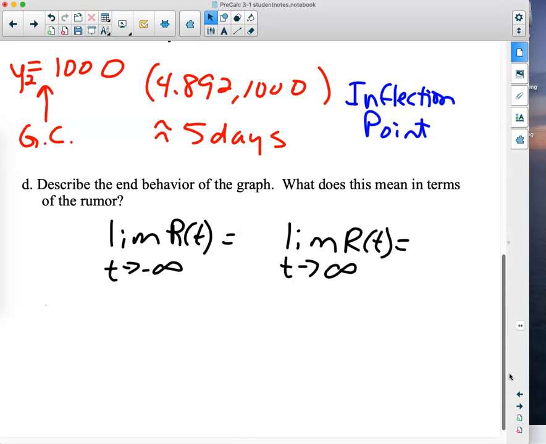Right. 0 is going to be our horizontal asymptote as we're going to the left forever. And then can somebody please unmute and tell me where this is going to go as we go to the right forever? 2,000. Exactly.